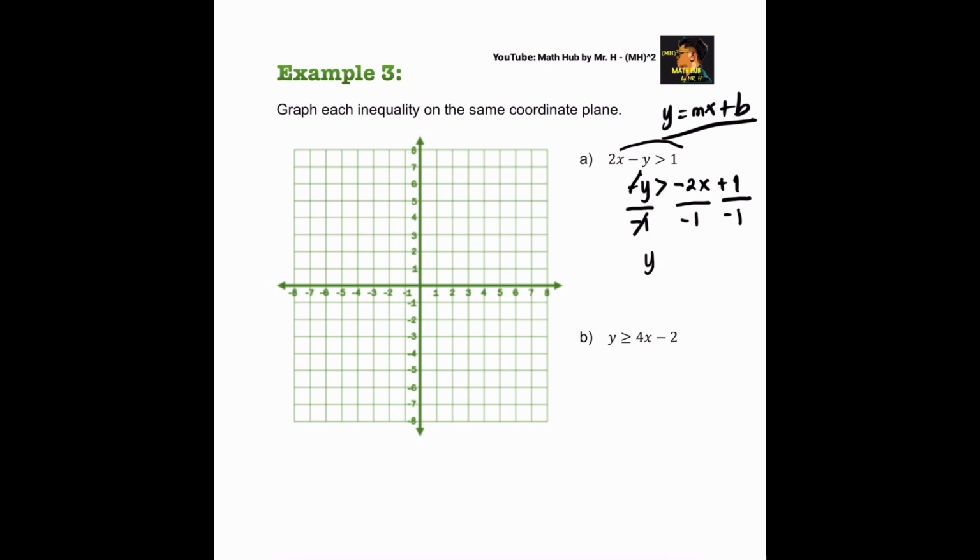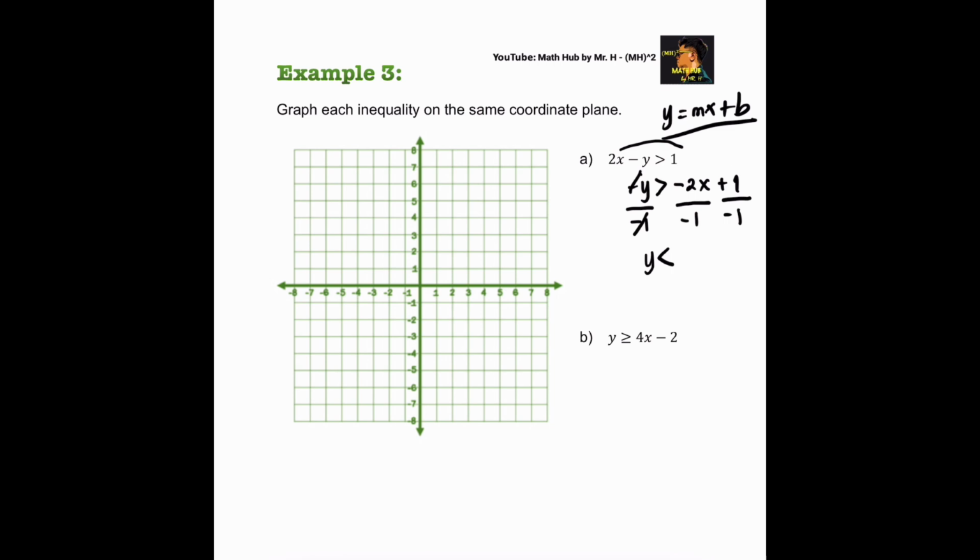Now, since we divided the entire inequality by -1, one major rule in inequalities: whenever you multiply or divide the inequality by a negative coefficient, the symbol should flip to the opposite. So since we were given initially greater than symbol, definitely now it will become less than.